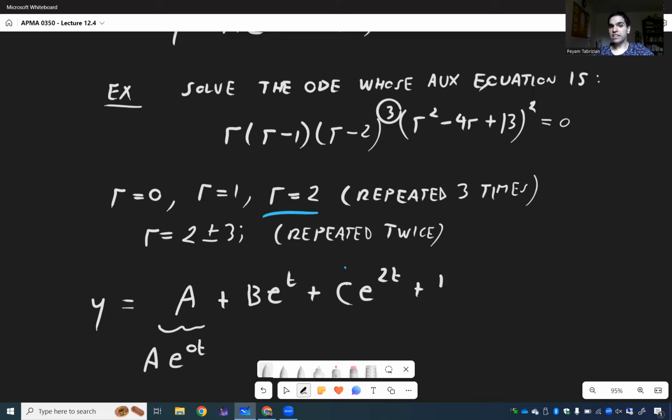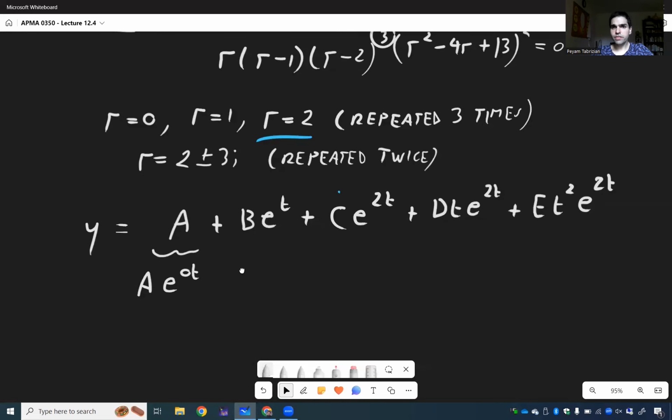Since it's repeated, d t e^(2t). But that's if it's repeated twice. Since it's repeated 3 times, you have a e t^2 e^(2t). So however many times it's repeated, you add extra terms here.